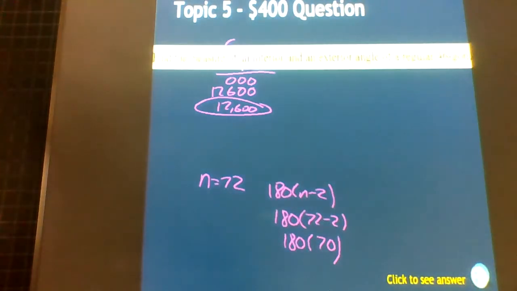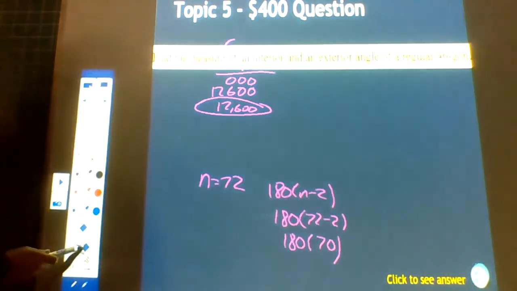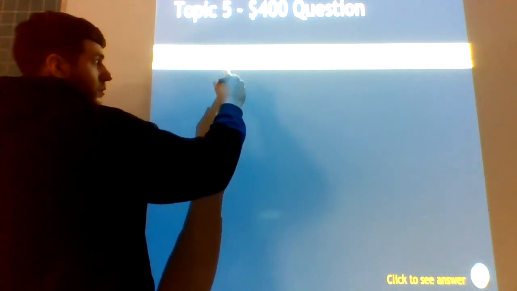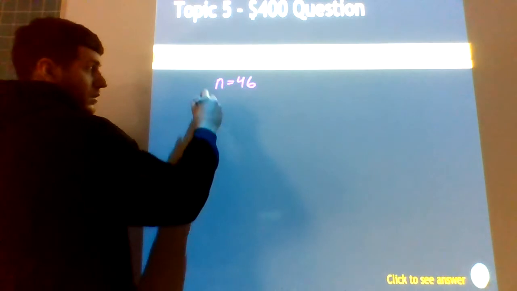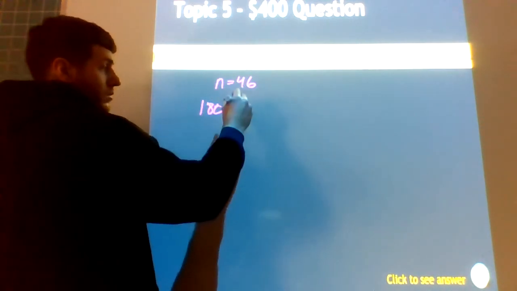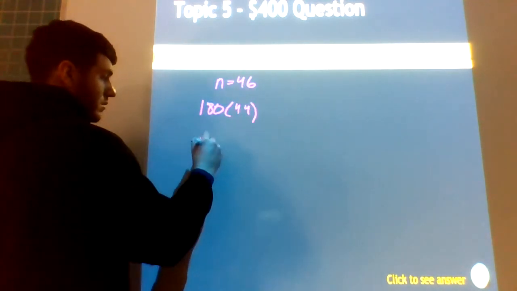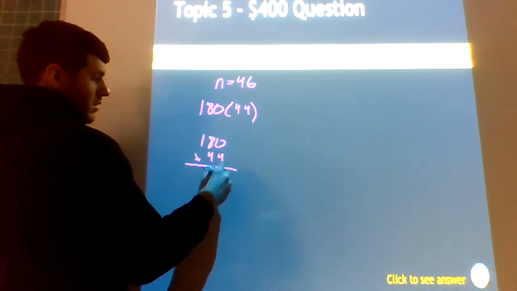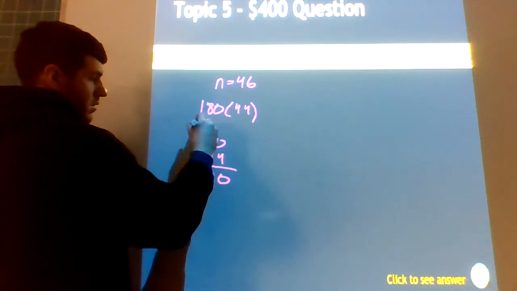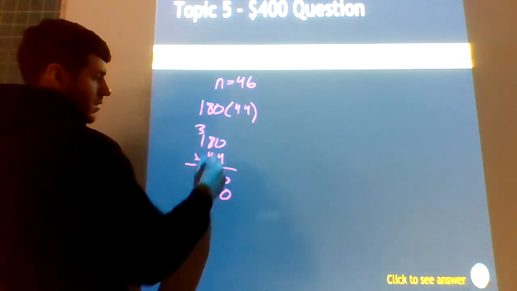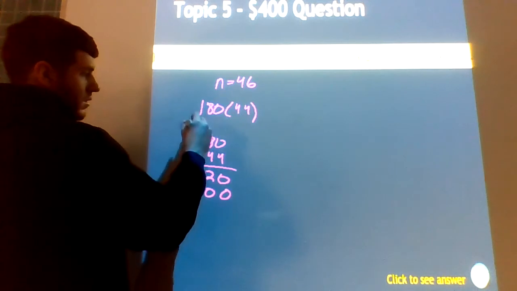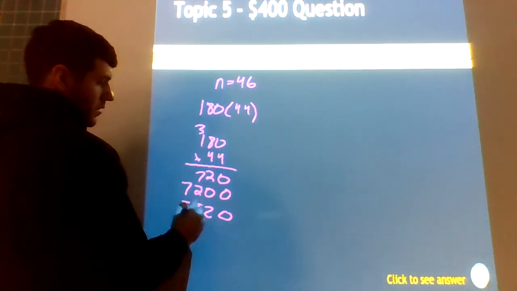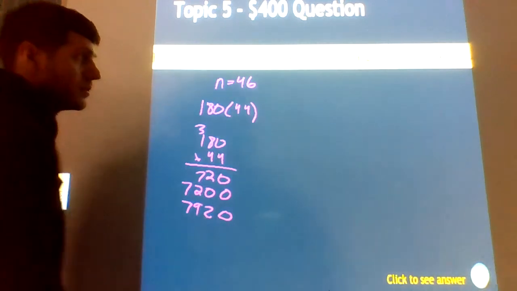Measure of an interior and exterior angle of a 46-gon. So n is going to be 46. To find the sum of the interior, we've got to do 180 times n minus 2, which is 44. 7,920 is the sum of the interior.